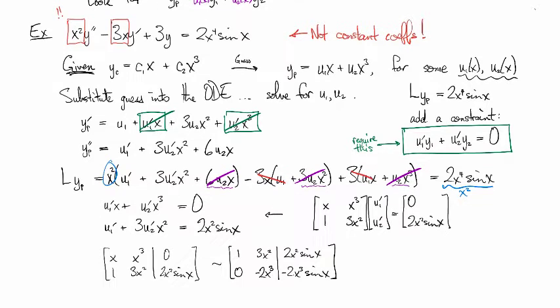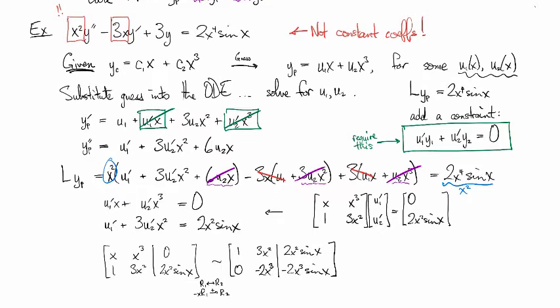So that one, after the row swap, row 1 and row 2, I did minus x row 1 added to row 2. And so then let's see.